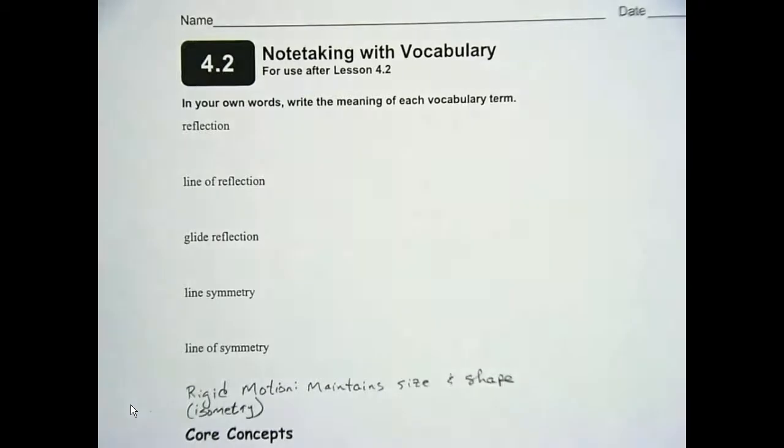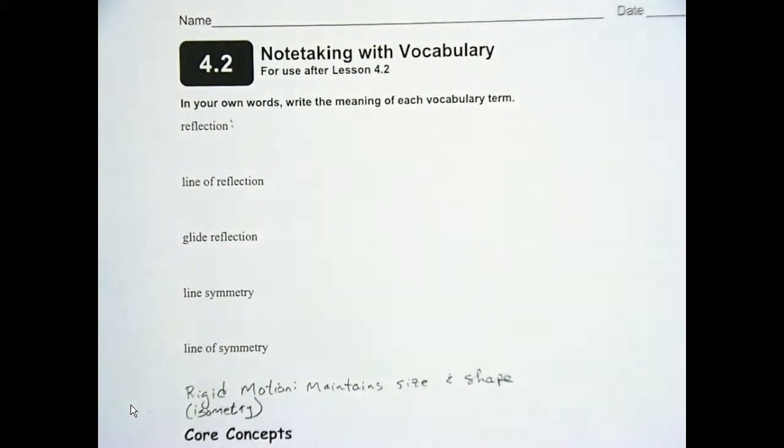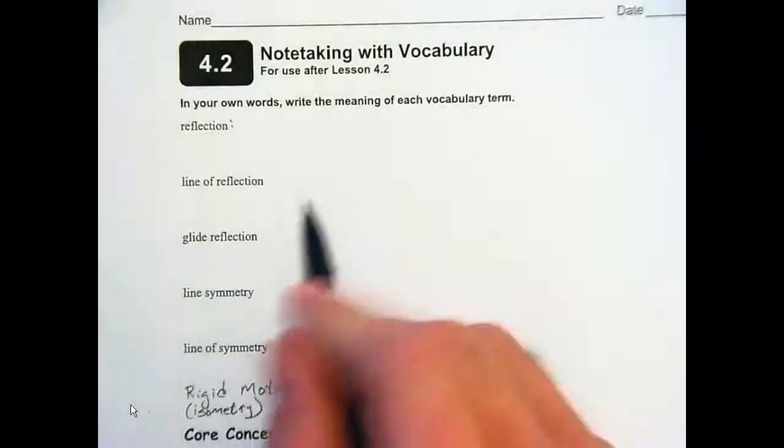All right, your line of symmetry. Well, actually, let's go back up here. We're at reflection. Okay, reflection is where you take and actually reflect a figure across the line. That line we call our line of reflection.